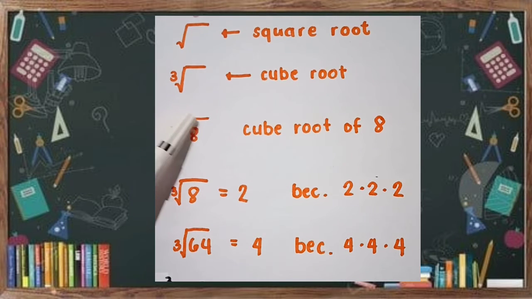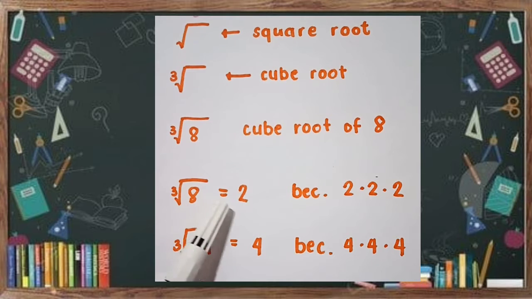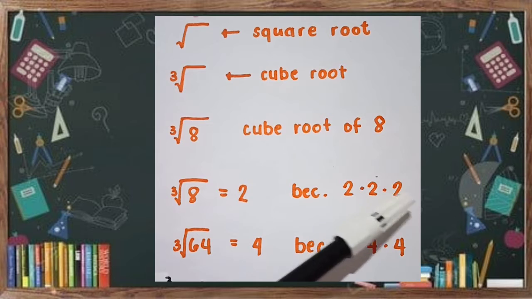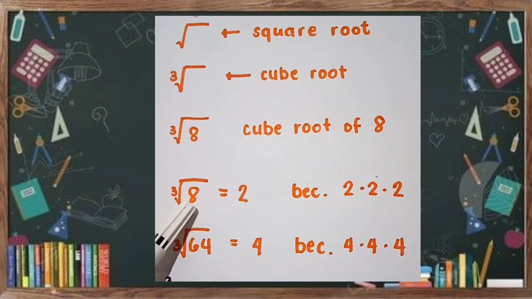Meaning, hahanapin natin yung number na kung saan kapag minultiply mo yung number na yon ng 3 beses sa sarili niya, ang sagot ay 8. So, cube root of 8 is equal to 2 because 2 times 2 times 2 ay equal to 8. Another example is the cube root of 64.